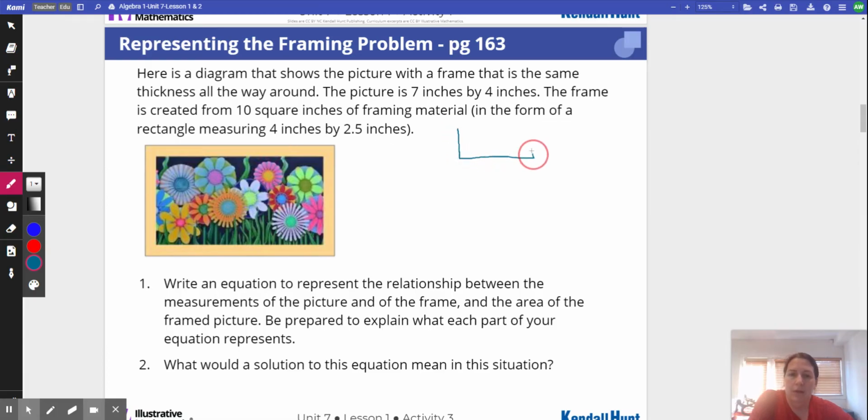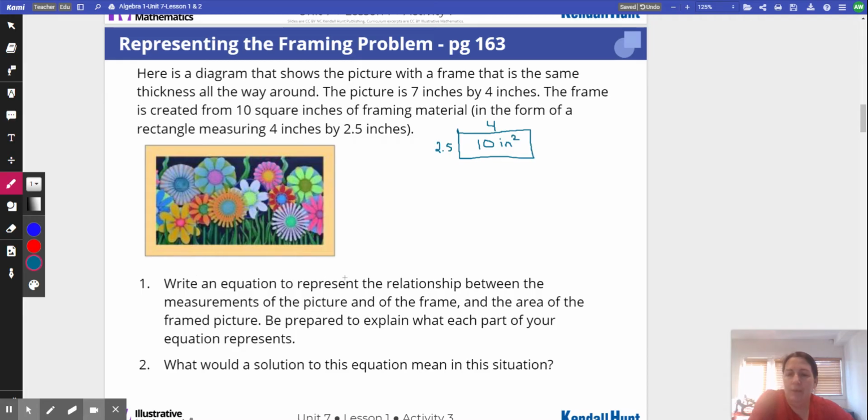So they have framing material that is 2.5 inches by 4 inches, and they cut it up into strips. So this total area is 10 square inches. They cut it up to create the frame around the picture.